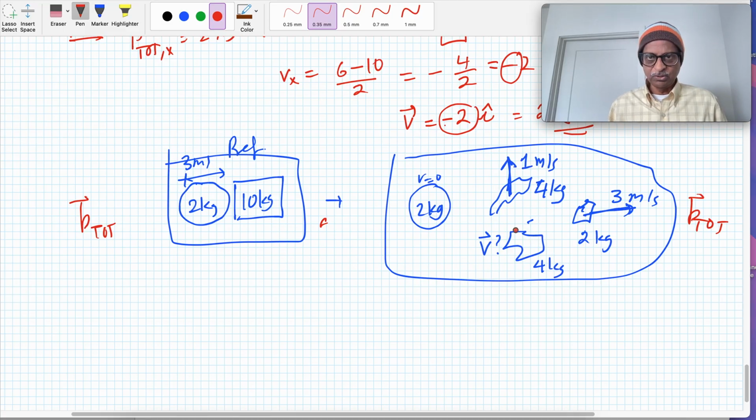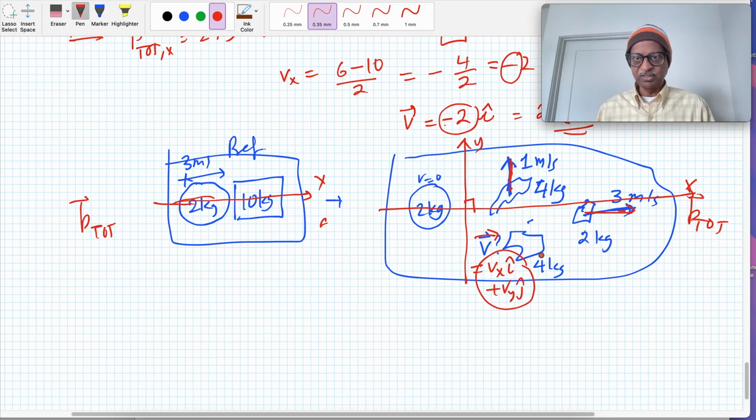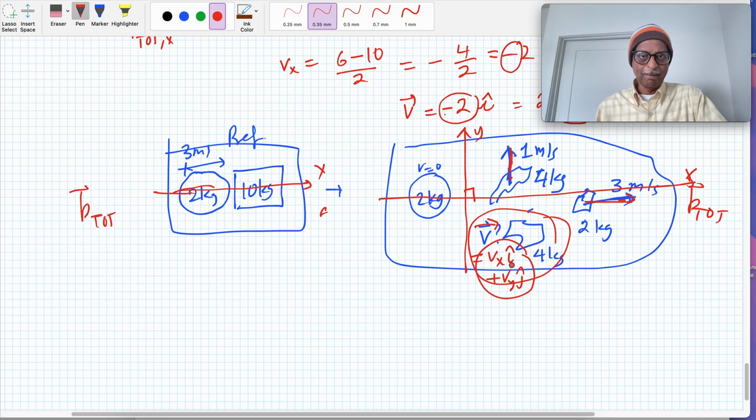So let's call this the X direction, and let's call this the Y direction. This one is in the Y direction, and this one happens to go in the X direction in this problem, but doesn't have to. This is just the way it's given to us, and this will just give a vector. We don't know what it's going to be. It's going to be Vx i hat plus Vy j hat, and from there we're going to figure out what happened to this guy.